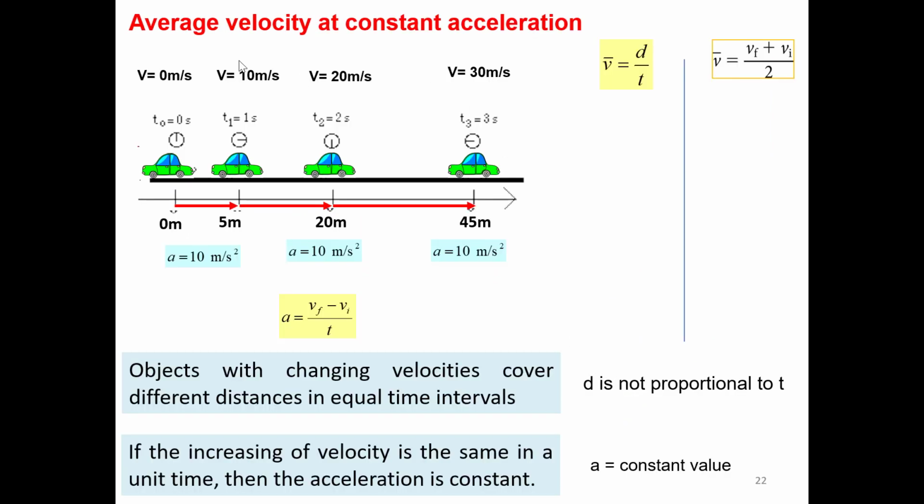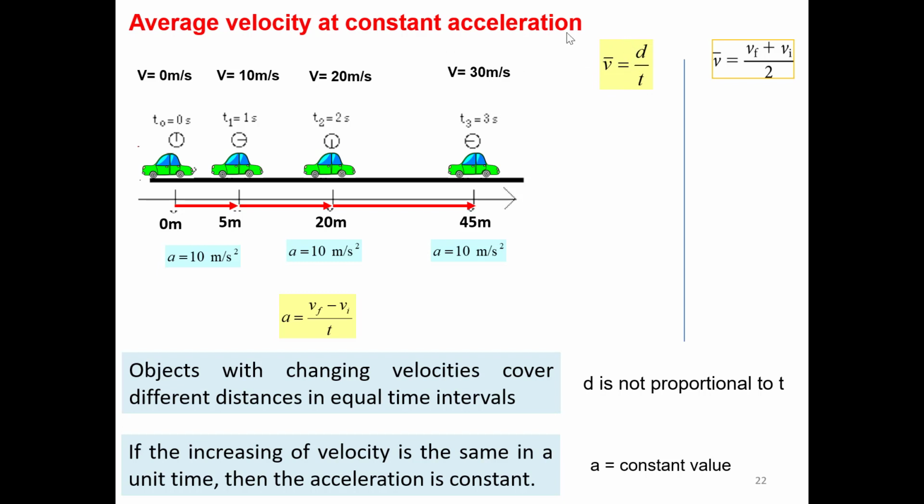We already discussed that we can calculate the average velocity of an object moving at constant acceleration using this equation, where we divide the distance by the time. We can use the same equation if the object is moving at constant velocity, but then the average velocity will always be the same.